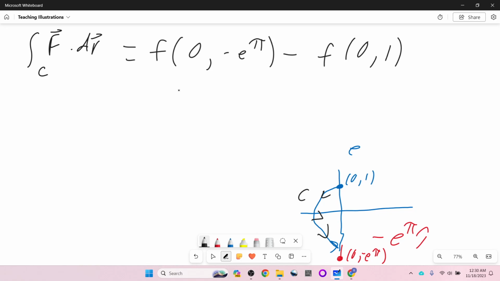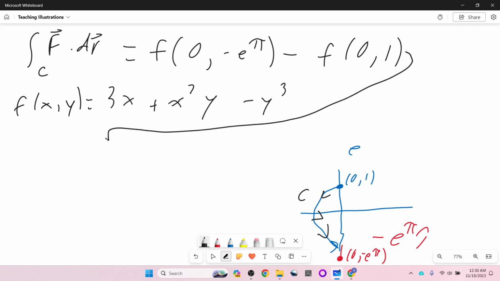And now our potential function that we just found was 3x plus x squared y minus y cubed.